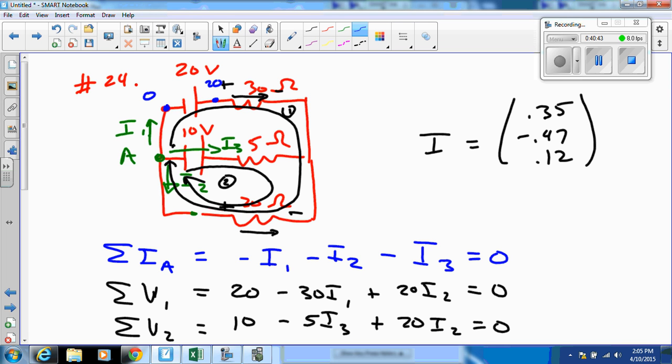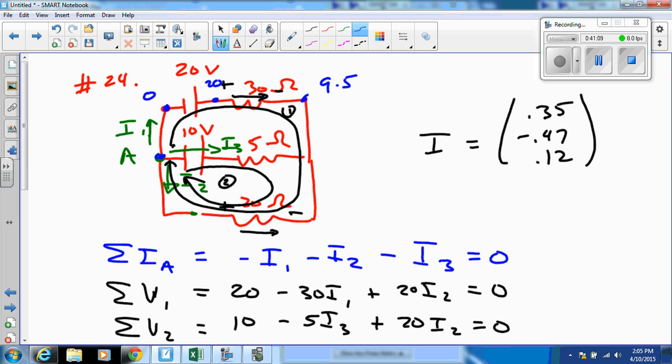This point is going to be 20 minus the voltage drop through here, which is 30 times I1. And 30 times I1 is 10.5 volts. So that makes this point 20 minus that, or 9.5 volts. Okay?